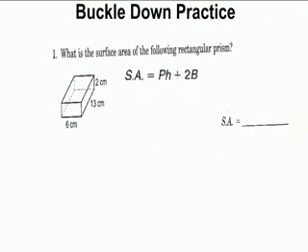Alright, now let's try this one. It says, what is the surface area of the following rectangular prism? Well, the formula is given here, pH plus 2B. So we need to figure out P, H, and B. So our perimeter is 6 plus 13 plus 6 plus 13.